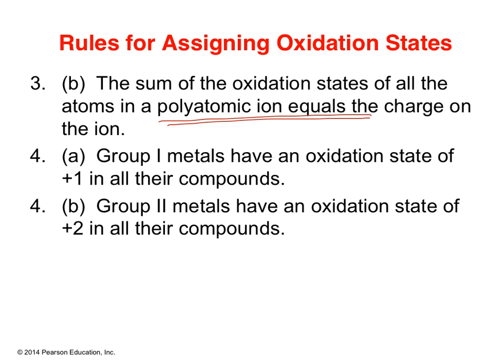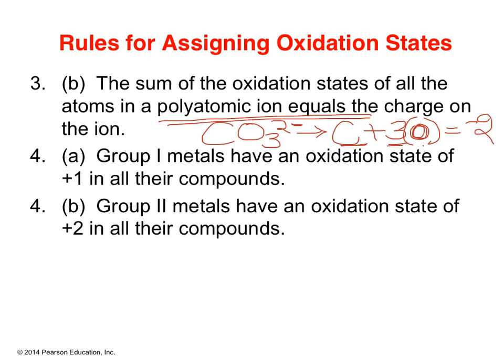If you see the carbonate ion, for example, the oxidation state of carbon plus 3 times the oxidation state of oxygen, since there are 3 oxygens, is equal to -2. So the sum of all oxidation states of atoms in a polyatomic ion is equal to the charge on the ion.